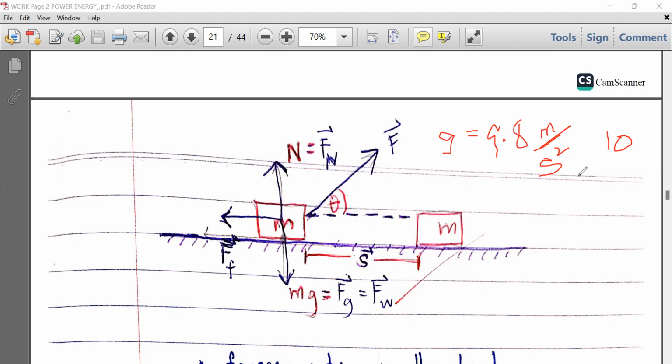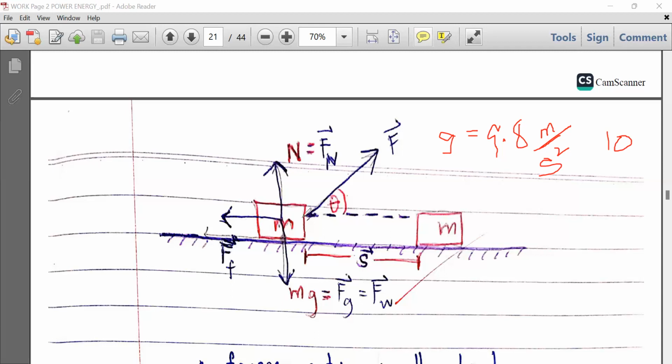Okay, so let's represent weight with the symbol Fw or Fg. So Fw for force of weight, Fg gravitational force or force of gravity. And then the last one is the friction force. This is in the opposite direction of the displacement.